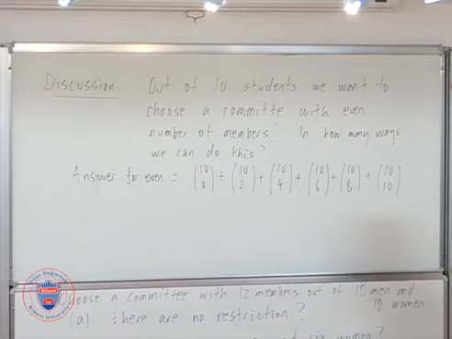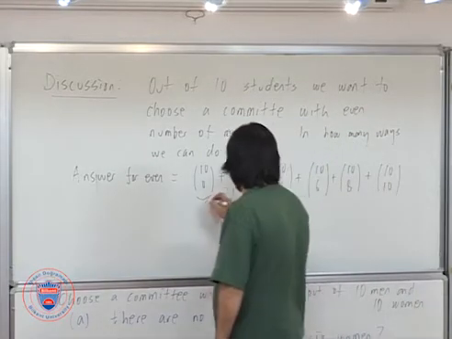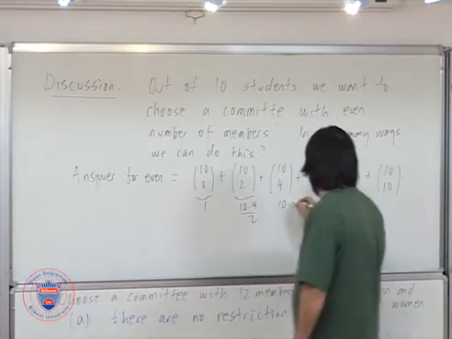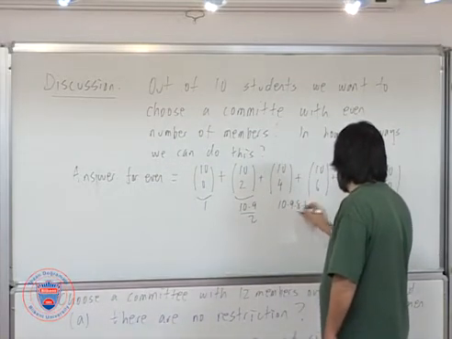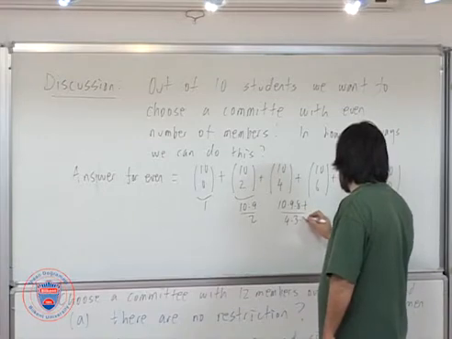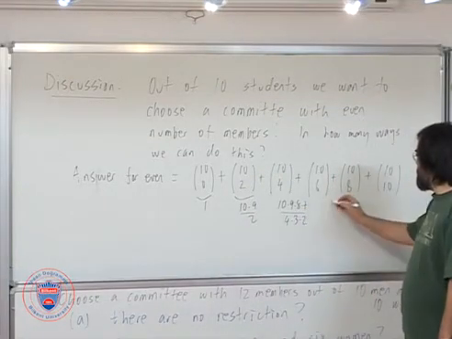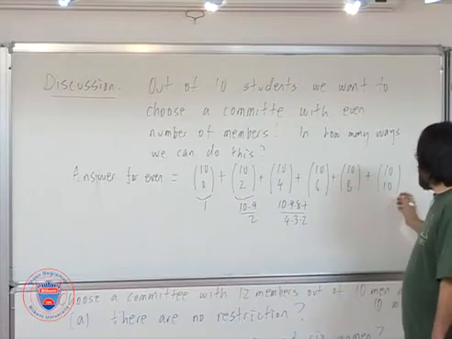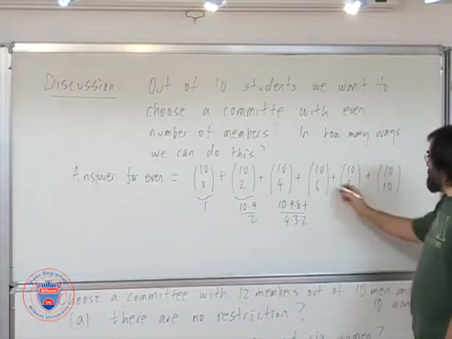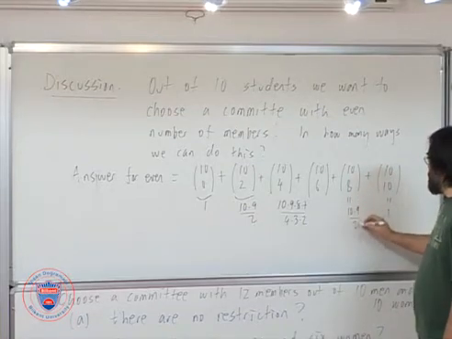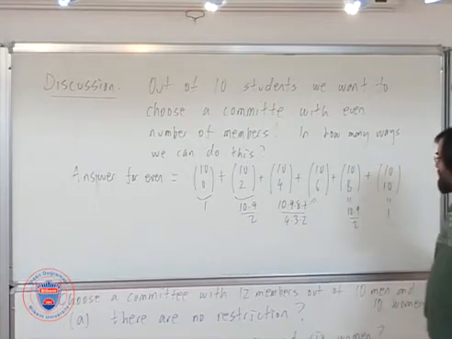So 1, then 10 choose 2, 10 choose 4, you get 10 choose 6, 10 choose 8, 10 choose 10. So it's exactly the same numbers on this side and this one.